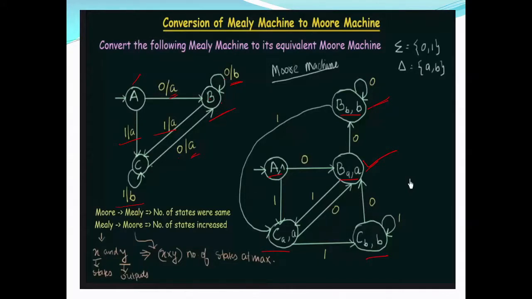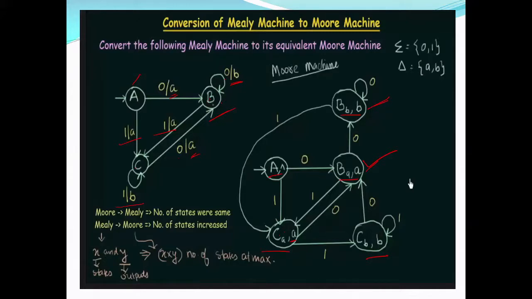Similarly, A on 1 is going to C, output is A. So I should go to the copy of C which will give an output of A. So I'm going to this. Now B transitions. There are 2 copies of B, so for both copies you have to make the transitions.